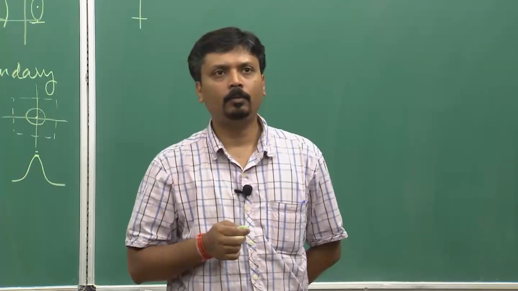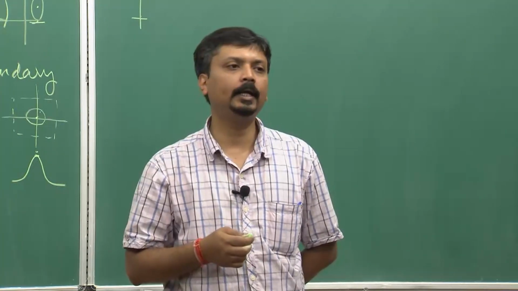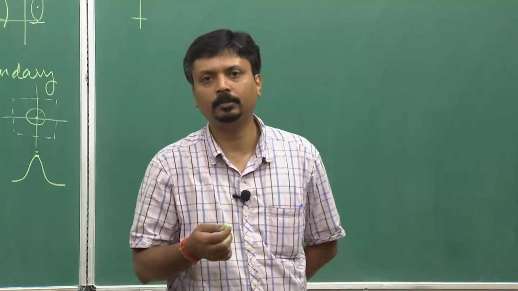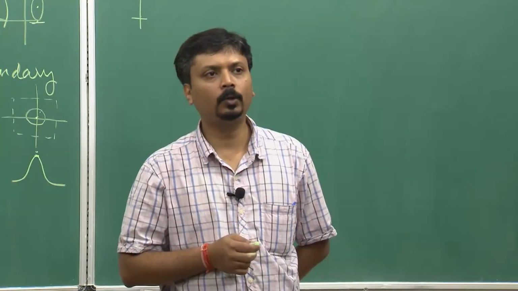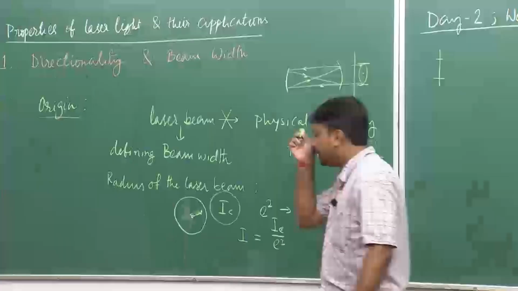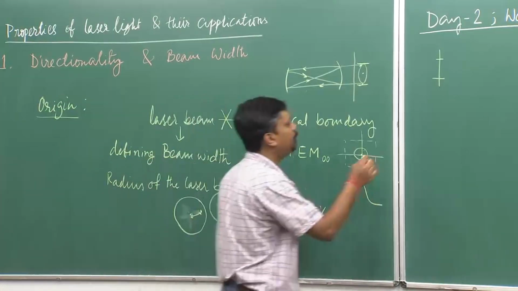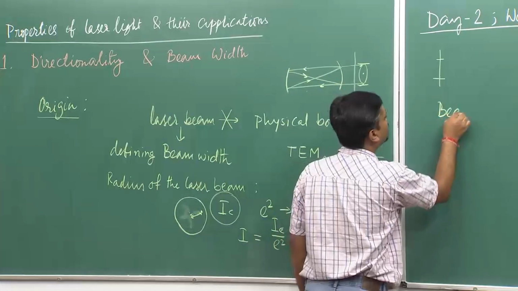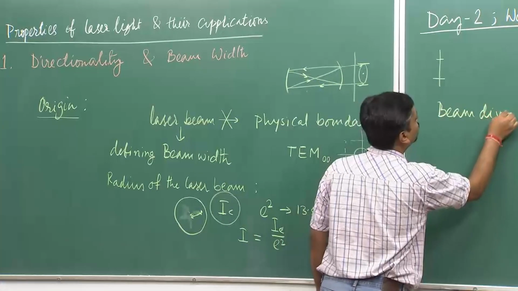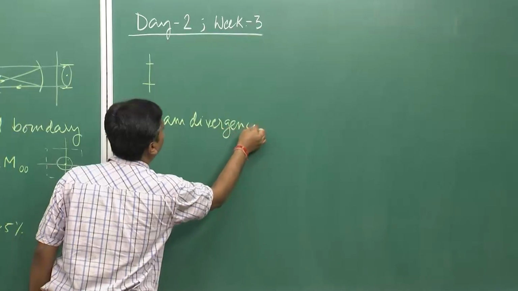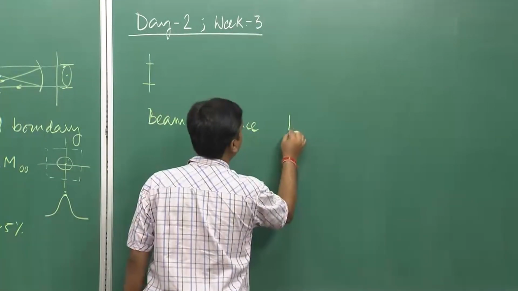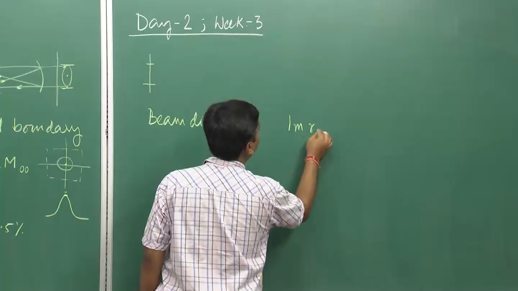Now, many lasers do not diverge much. Say, for example, a typical value of beam divergence will be approximately 1 millirad.